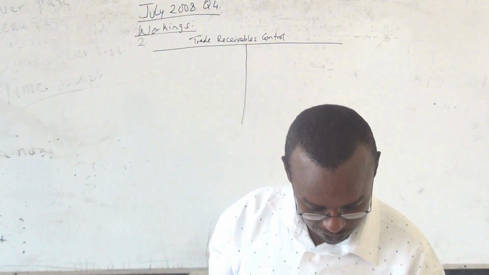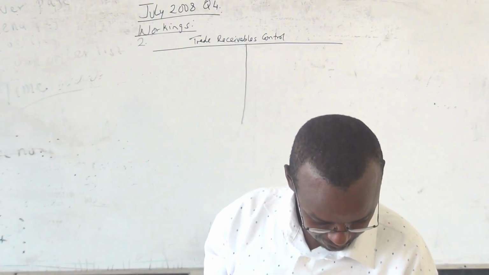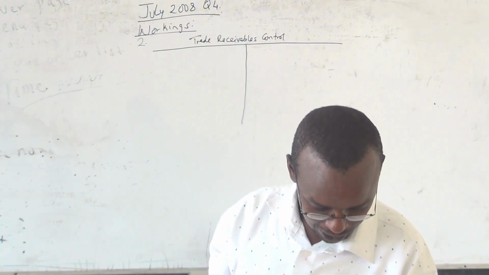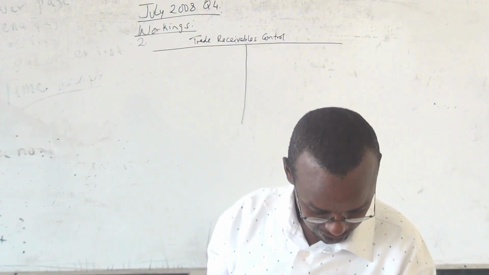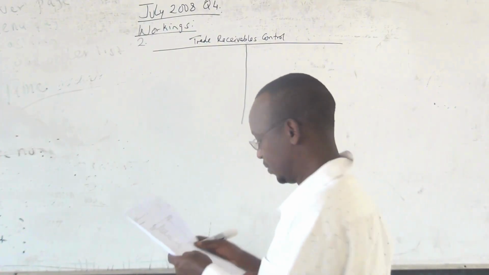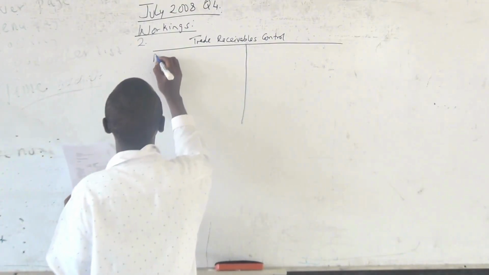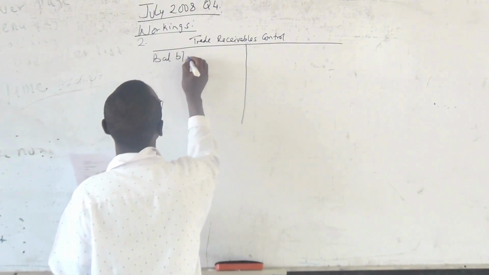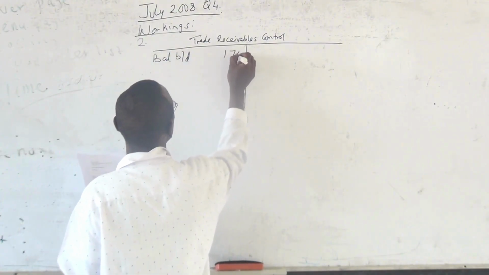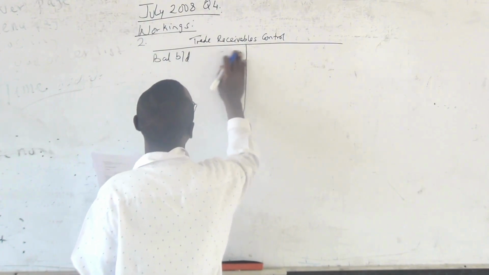Do you have the balance of debtors at the beginning of the year? Look at the net asset summary at 31st March 1999. Debtors, can you see it? Yes. Our figures here are in thousands.